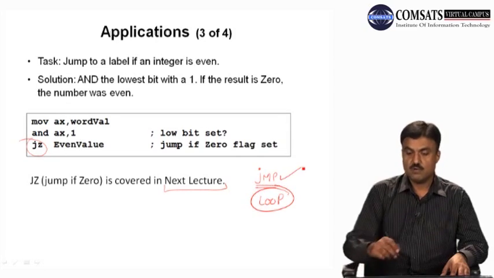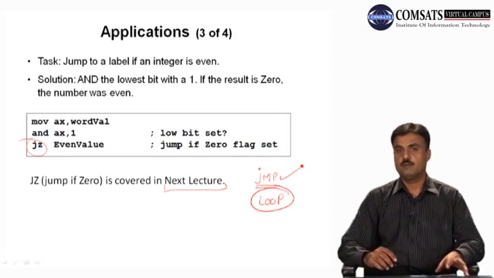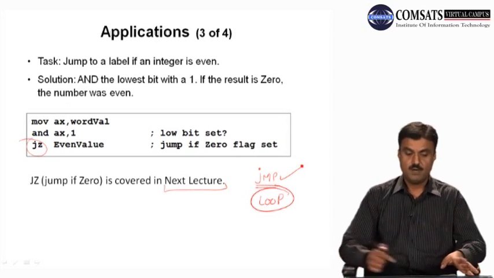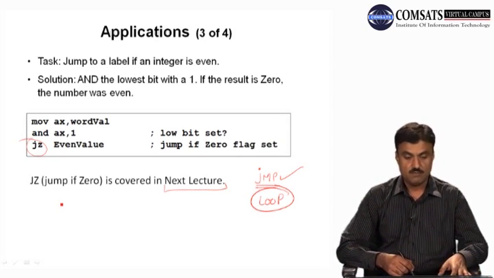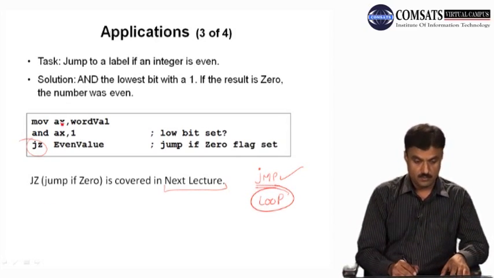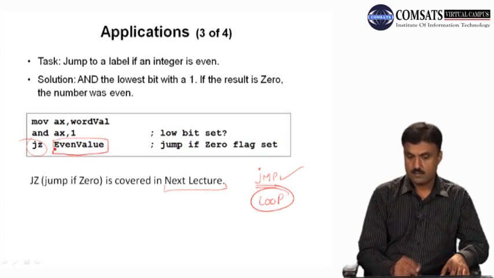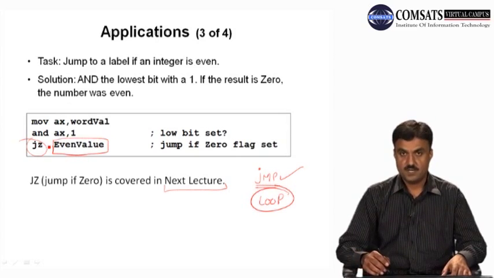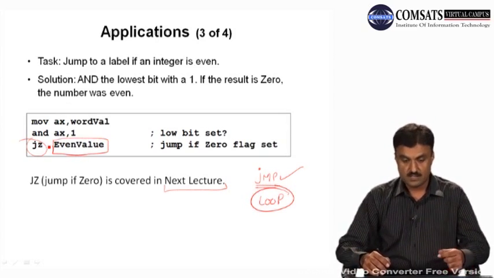The JMP instruction was an unconditional jump, without any condition, but here this jump instruction will jump to this label if the zero flag is set. So JZ is jump if zero flag is set.